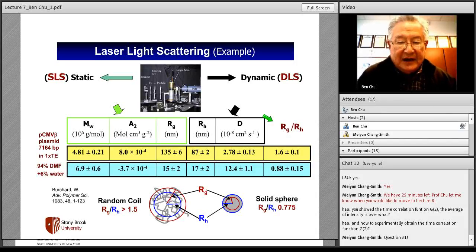So you have to think about having a cell with slow flowing. In other words, these days you can use microfluidics, a very small cell where the sample will be small, and you can flow the solution slowly across so that the solution is renewed when the light hits the sample.